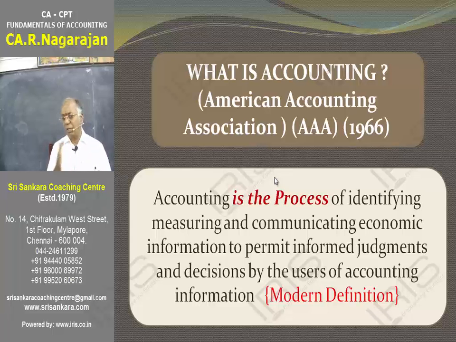This modern definition covers the totality of activity of accounting. Out of the 8 activities, the first, second and the 8th are packed into this. So it gives you the entire scope of activities of accounting from beginning till the end, and therefore this is a modern, well celebrated definition.